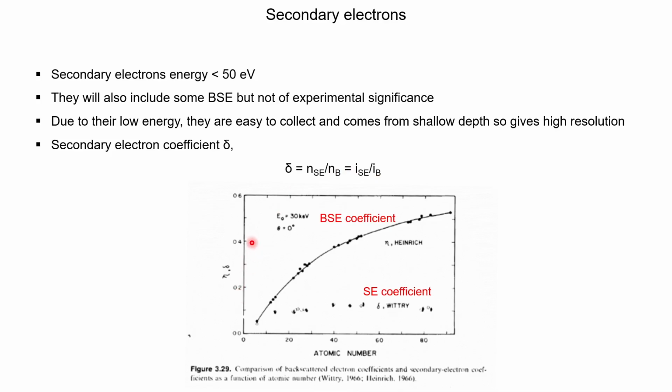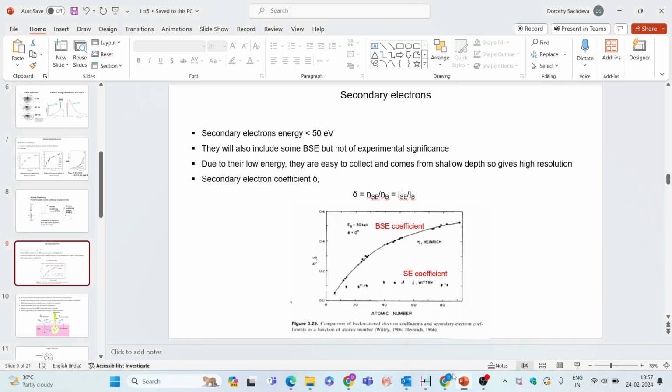So this is basically the comparison of delta and eta. Eta is the back secondary electron coefficient, and delta is the secondary electron coefficient. The y-axis shows both, and the x-axis is the atomic number.